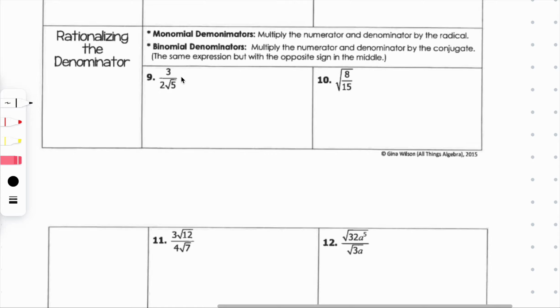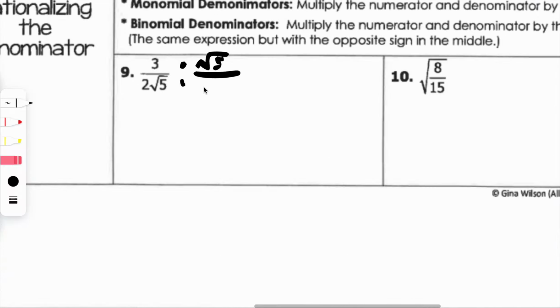And so in this case, we have a root 5 on the bottom. So what we want to do is multiply by root 5 over root 5. And essentially what we're doing here is root 5 over root 5 is just equal to 1, right?